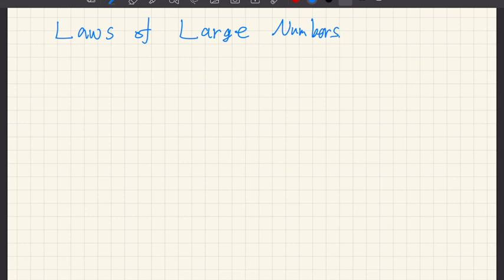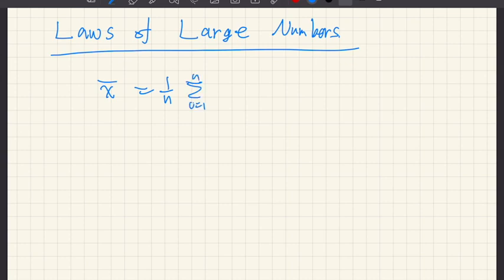Now let's explain the laws of large numbers. Do you remember when we calculated the sample average of some data? So here what we wanted to do was actually to estimate the expectation value of these random variables.